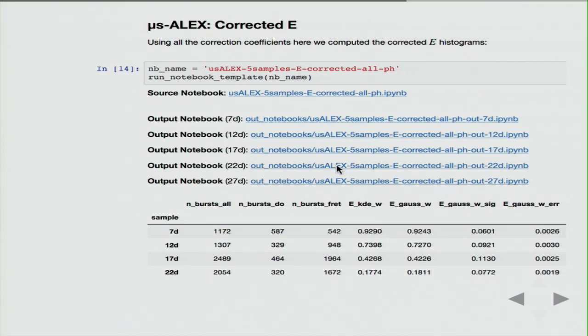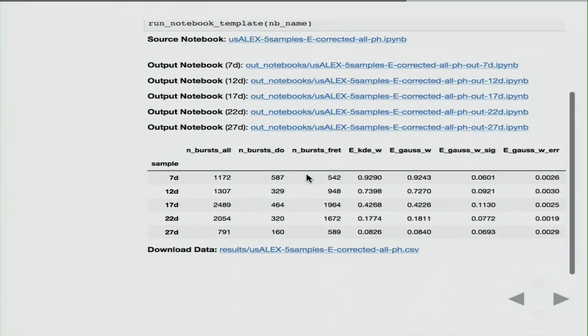Then if I find an issue, I can go back and modify the template notebook and rerun all the analysis in batch. Another part of this is that I can show CSV results, like I load it with a pandas data frame and just display it. So you have kind of a summary of a batch execution of parameterized notebooks.